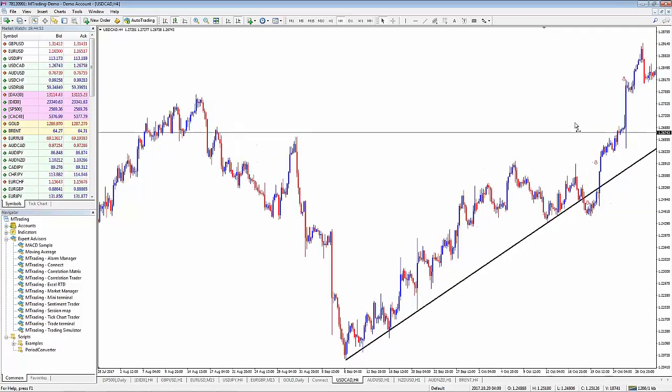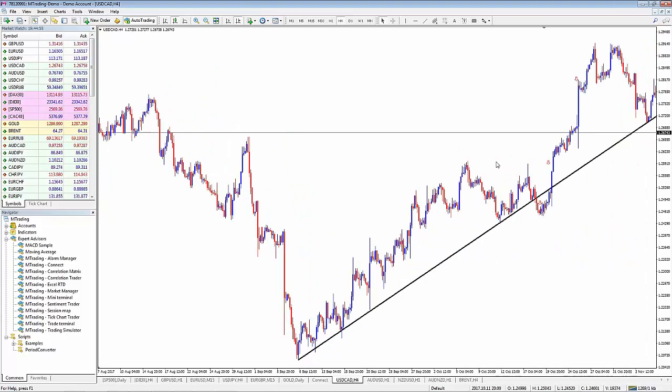The way traders view this system is in this way. Assuming that I got in at this point, let me just use an indication that I can use. Give me a second, guys.